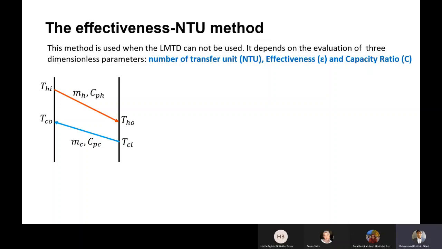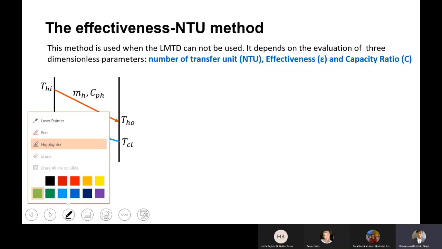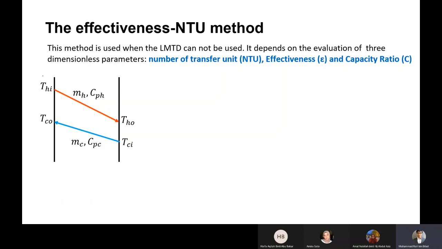Imagine you have a heat exchanger like this one. This is a counterflow heat exchanger. The hot fluid comes in at a temperature of T_H,in, and we have a T_hot going out. Then there is a mass flow rate of the hot fluid, and we have the C_p data of the hot fluid.